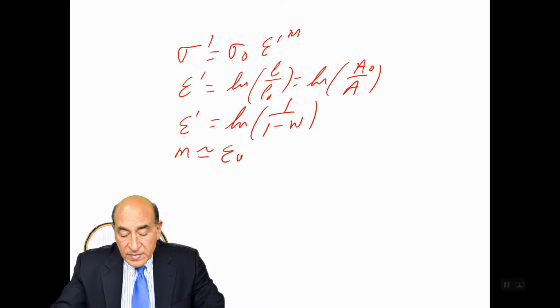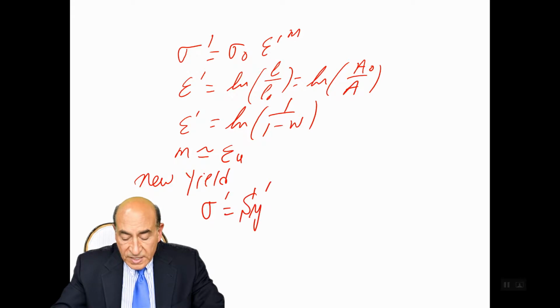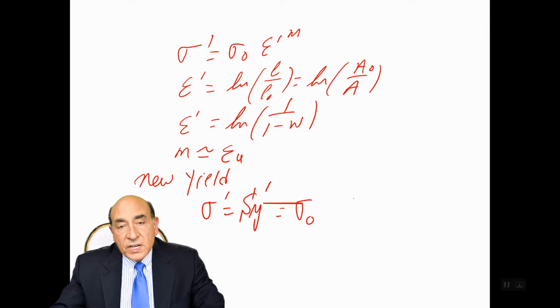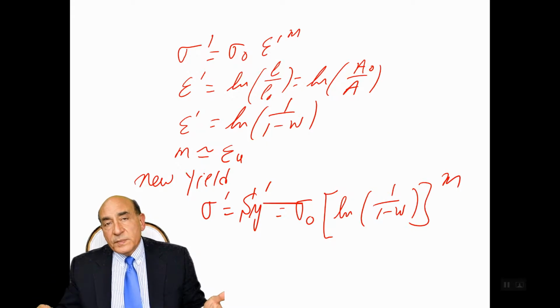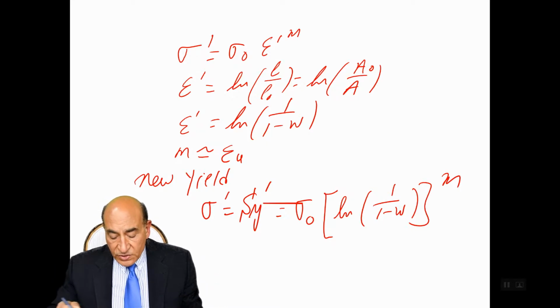And we know that M is approximately equal to the ultimate strain of the material, which is a material property. Therefore, the new yield sigma prime is equal to S yield, this is new, and that is equal to sigma 0, which we know, times epsilon prime to the power m, so epsilon prime is the natural log of 1 over 1 minus W, and this is raised to the power m. So this will be a formula that we could use to find the new yield point of the material.